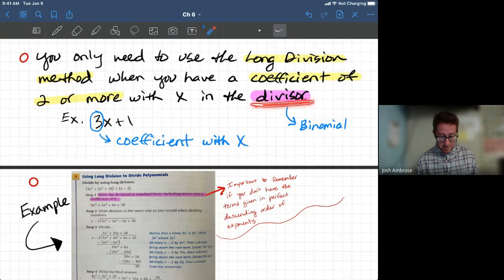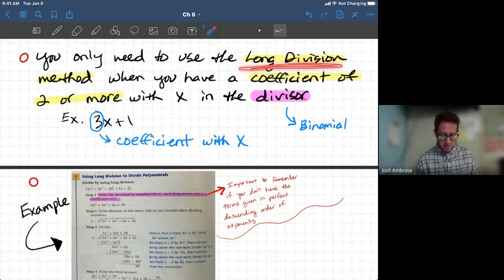In the divisor, fancy word, if you don't remember what divisor is, just remember that the divisor is going to be the binomial when we're doing these long division problems. The polynomial is going to be the big one. The binomial is going to be the small one. So we're looking at a coefficient of 2 or more for the binomial.